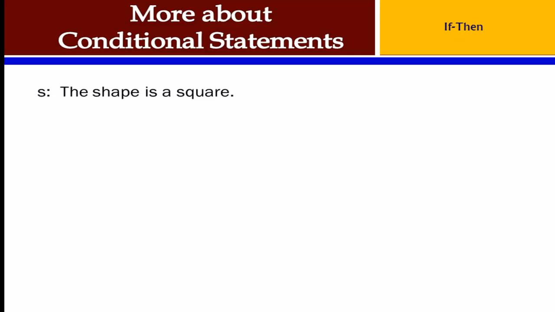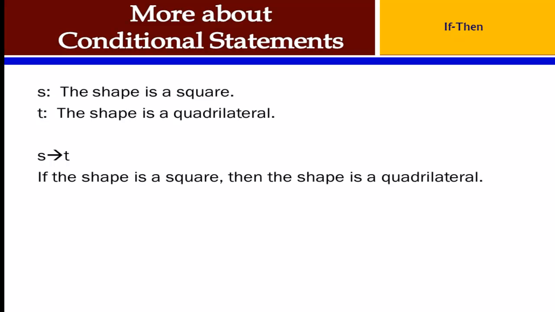So our first simple statement S is the shape is a square. Our second simple statement T, the shape is a quadrilateral. We're going to form a conditional statement using if-then. So if S, then T. If the shape is a square, then the shape is a quadrilateral.